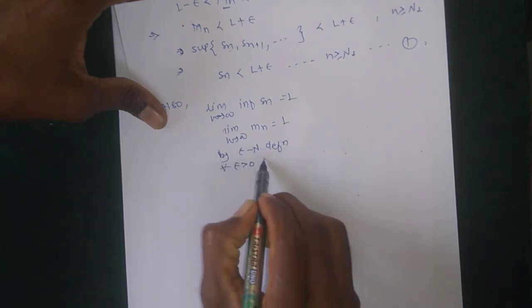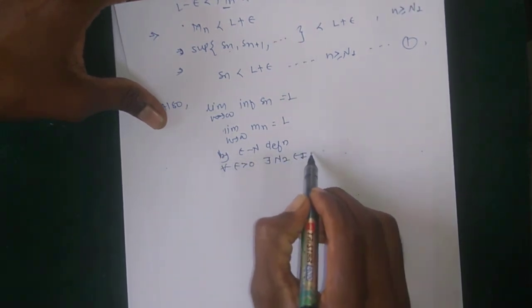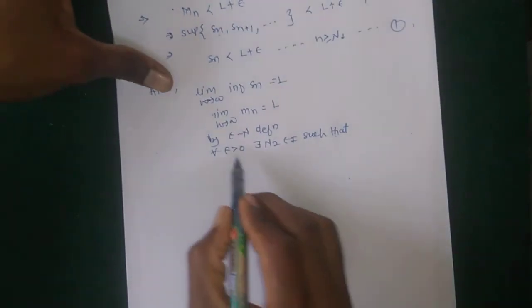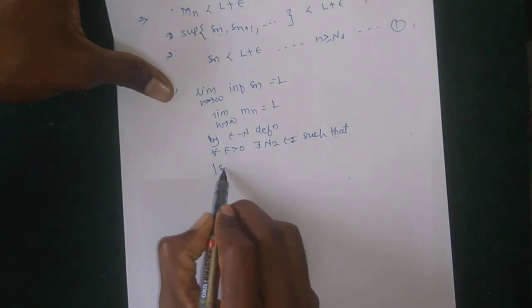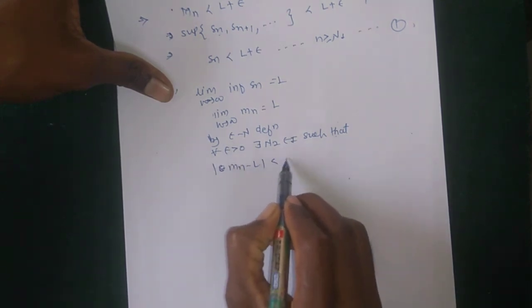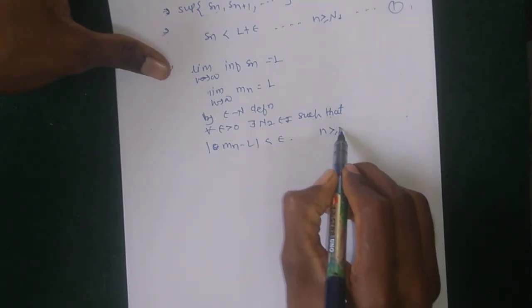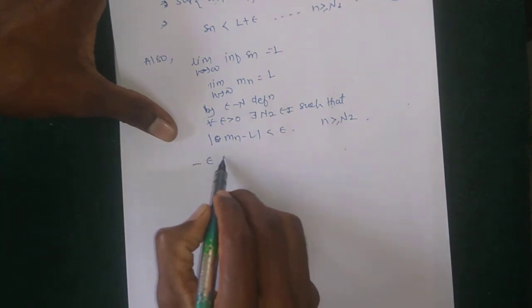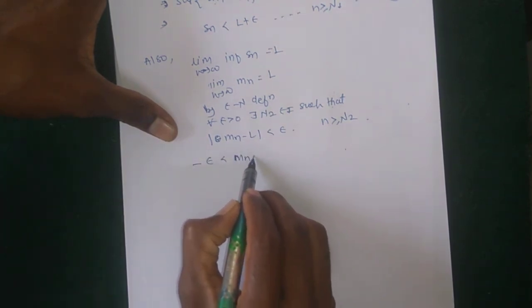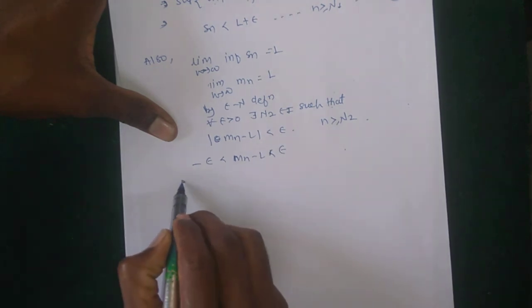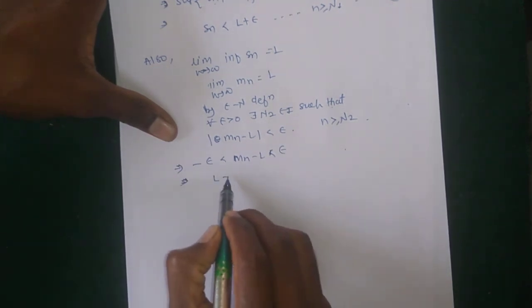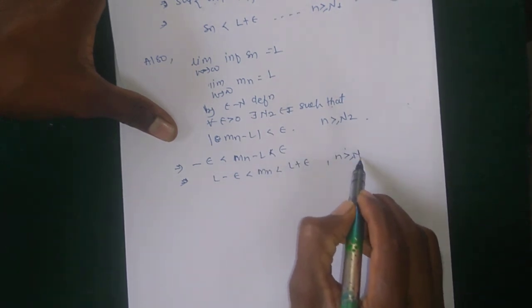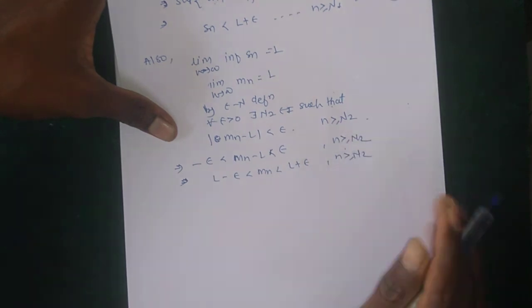For all epsilon greater than 0 there exists n2 belonging to I such that mod of mn minus L is less than epsilon whenever n is greater than or equal to n2. Rearranging, minus epsilon is less than mn minus L, which is less than epsilon, which implies that L minus epsilon is less than small mn, which is less than L plus epsilon, whenever n is greater than or equal to n2.